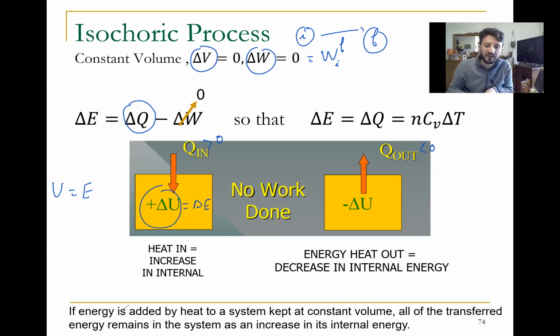So if energy is added to the system, you have to know we can add energy by heat, Q in joule. You can add energy by work, W in joule, and also you can add energy by internal energy, E, also in joule.